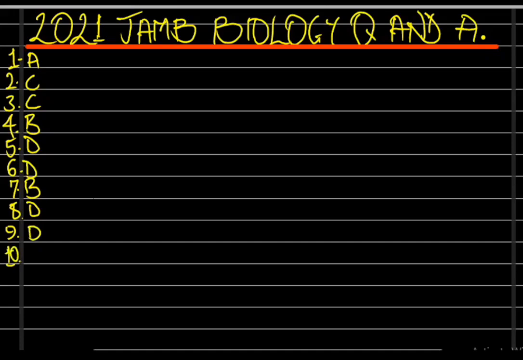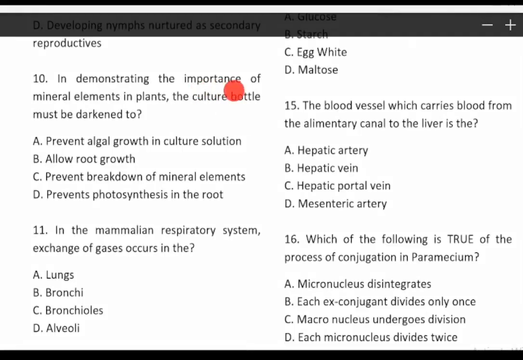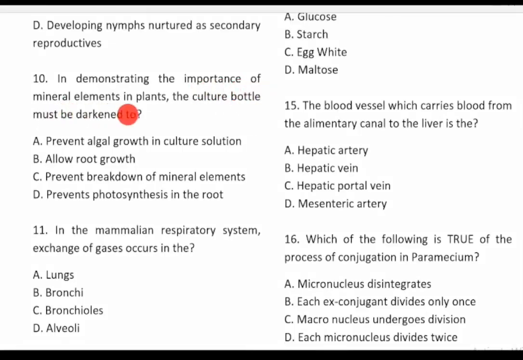And then question 10. In demonstrating the importance of mineral elements in plants, the culture bottle must be darkened to A. prevent algal growth in culture solution, B. allow root growth, C. prevent breakdown of mineral elements, and D. prevent photosynthesis in the root.